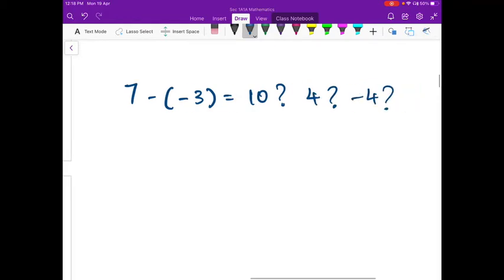Which one? So what's the answer? The answer is? Okay. So you can key in your calculator. You get 10.